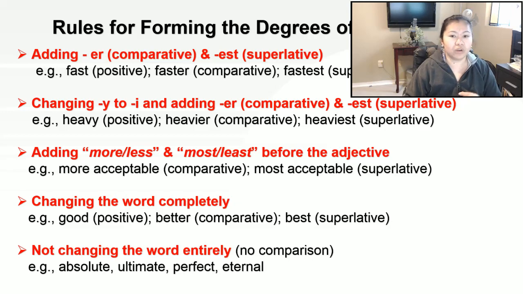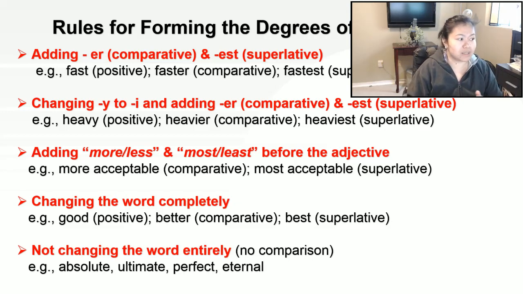And then you can also form the degree of comparison by adding the words more or less, or most or least, before the adjective. For example, more acceptable when you are trying to compare. Or you can say most acceptable, when you would like to express it in the superlative form.